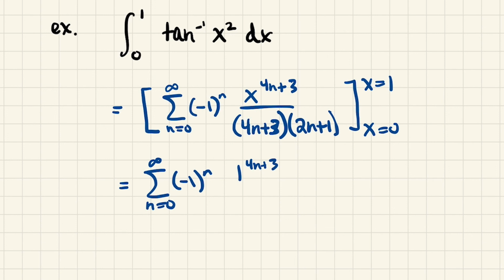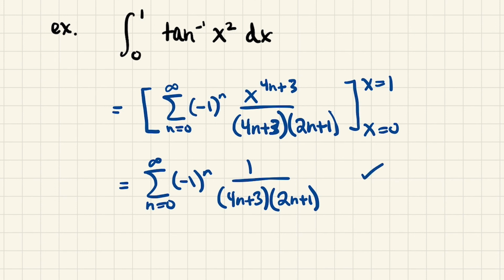But again, 1 raised to anything is always 1, right? So we can just write this as 1 over 4n plus 3, 2n plus 1. And when we subtract the 0 plugged in, we're actually going to get 0 in every single term. So we don't even need to acknowledge that.